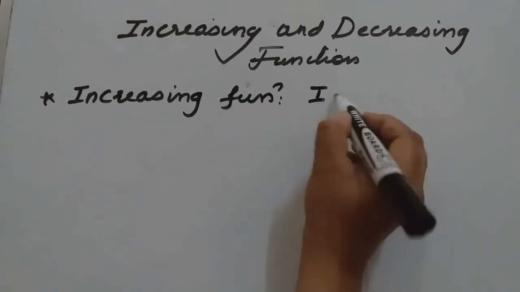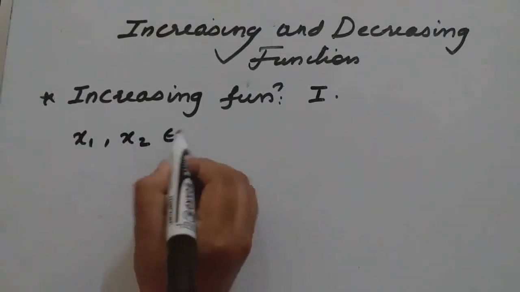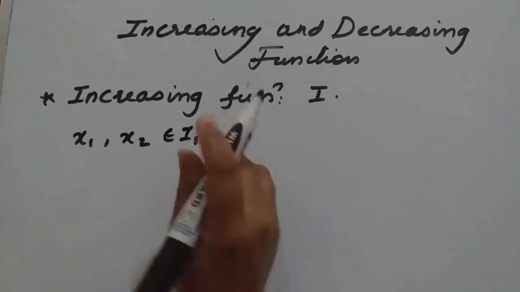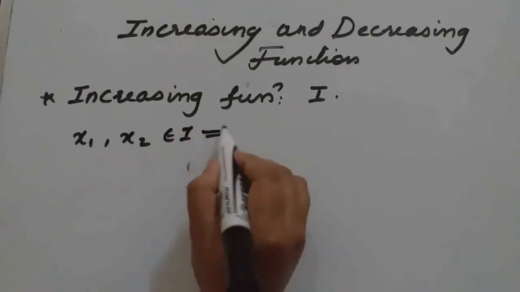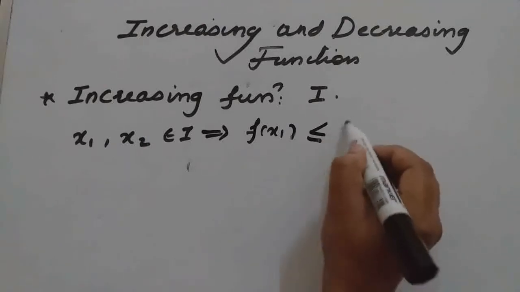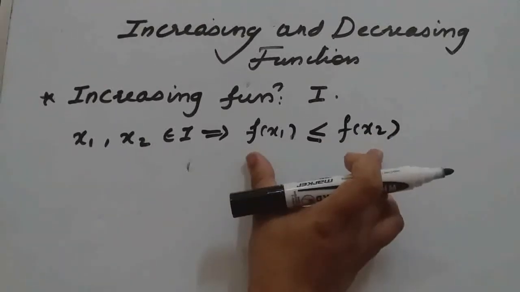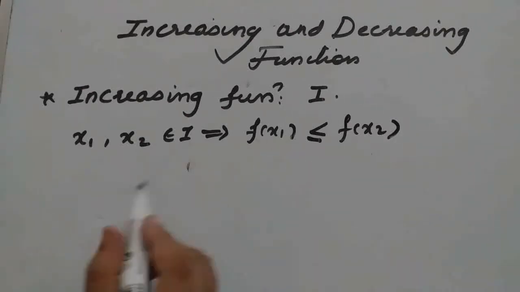Suppose I is any interval, okay, and you take two values x1, x2 belonging to that particular interval, and if you get the f of x1 value less than or equal to the f of x2 value, then the function will be an increasing function. See, what does it mean?